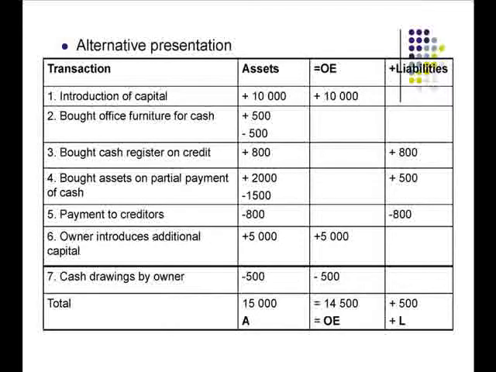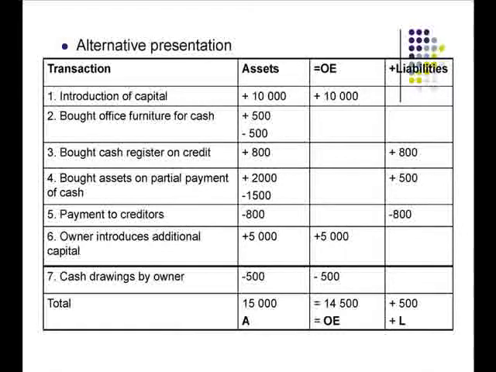Assets increased by 10,000, owner's equity 10,000. Office furniture, asset increase, another asset decrease. That means changes are within the asset group. So that is also possible.